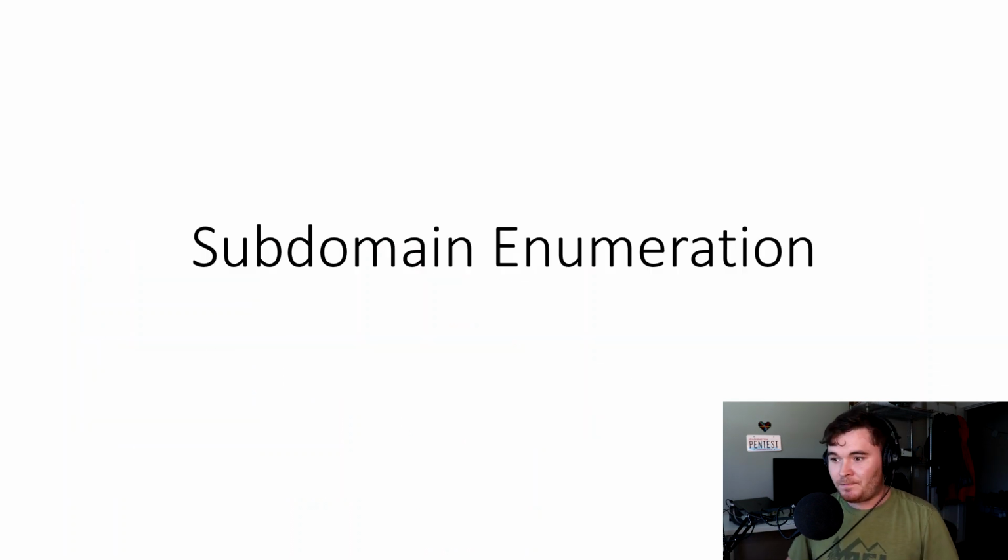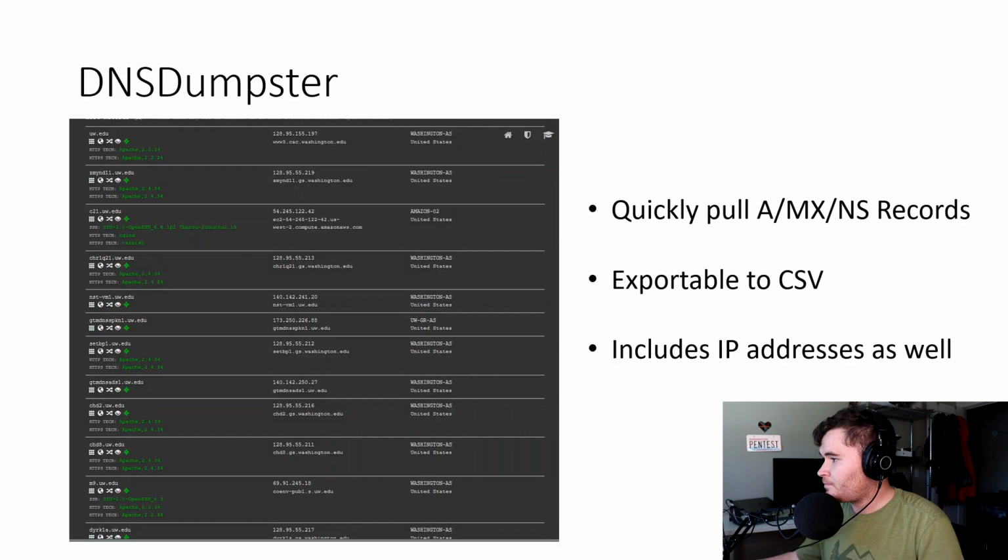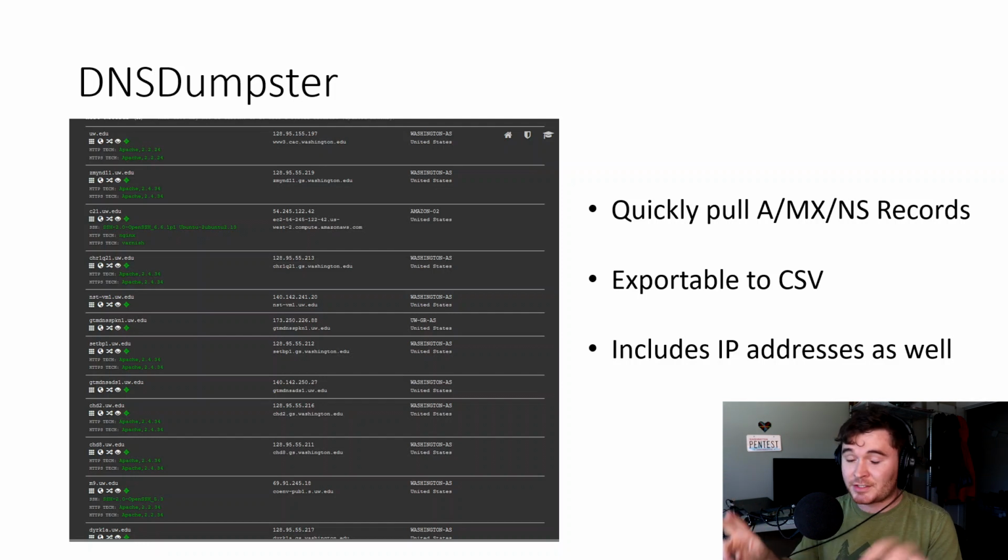Subdomain enumeration. This one is kind of the same concept as IP space enumeration, but with subdomains. My go-to for a very easy, high-level subdomain enumeration is DNSDumpster.com. You throw in a domain name, and it spits out all of the DNS records. That includes A records, TXT records, MX.